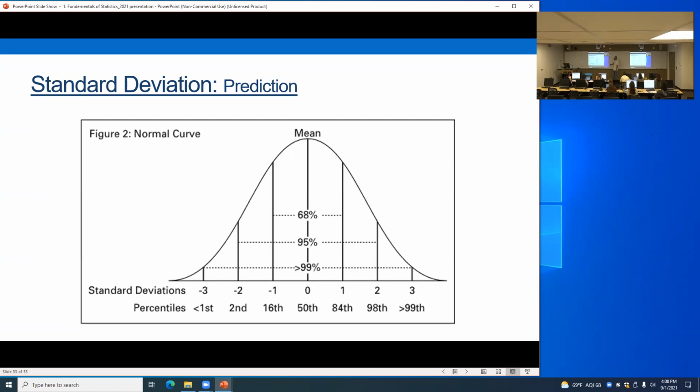For variables falling along a normal curve, a little over 2/3 of scores are going to fall within 1 standard deviation above or below. If we go out to 2 standard deviations, with a nice normal curve, we're expecting 95% of scores to fall between 2 standard deviations above and below. If we go out to 3 standard deviations, over 99% is going to fall within that range.